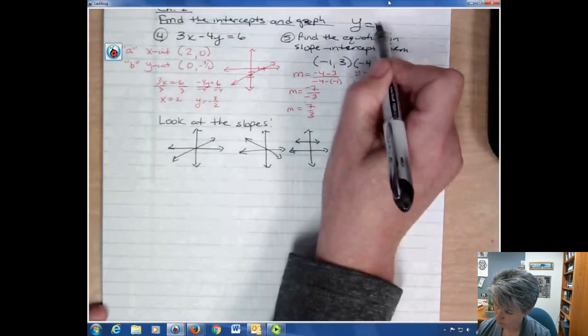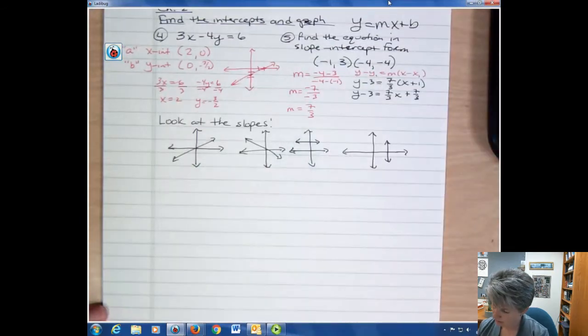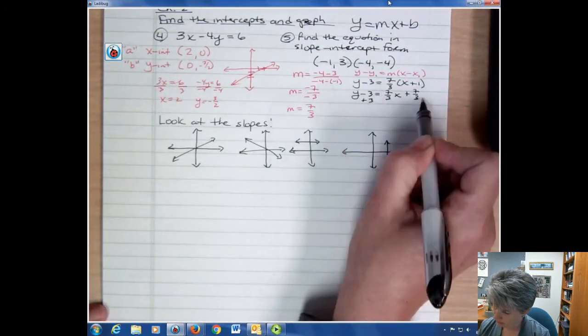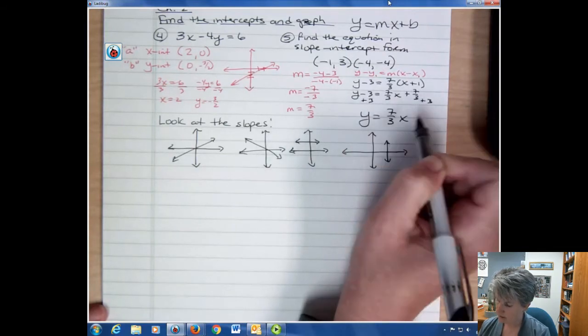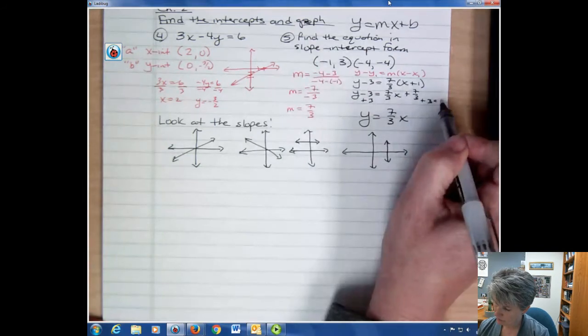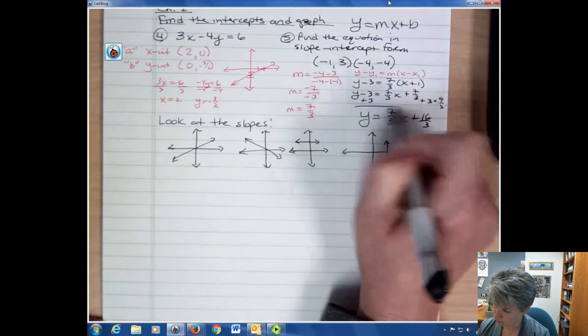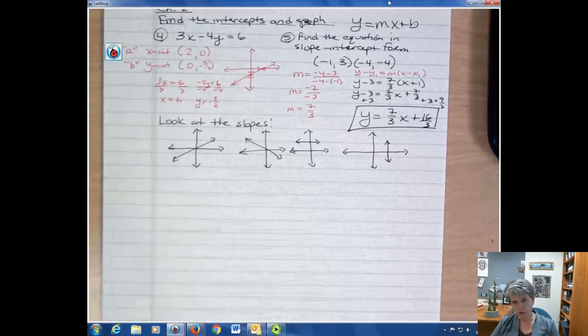That's y equals mx plus b, right? And so I need to then add 3 to both sides. And y equals 7/3 x, plus, 3 is the same as 9 over 3, plus 9 and 7 would be 16/3. You can definitely use your calculator to add those two things together if you don't remember or aren't good with fractions.